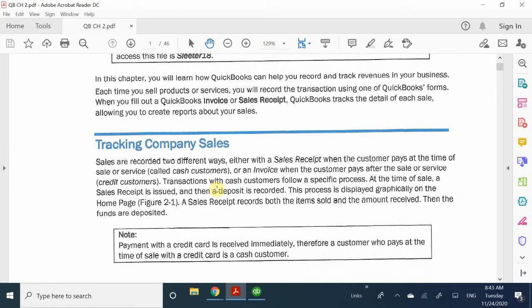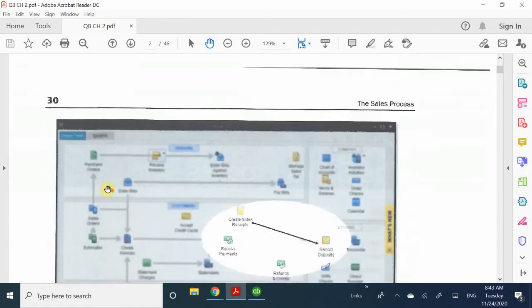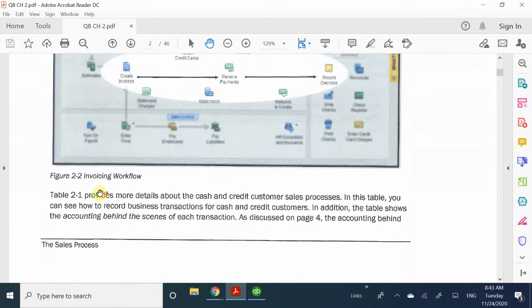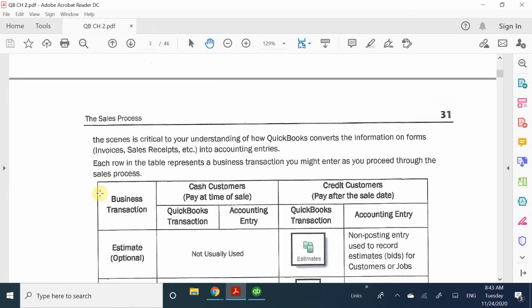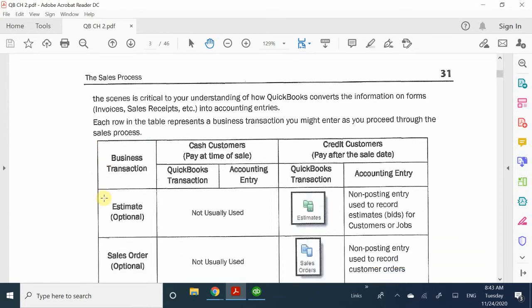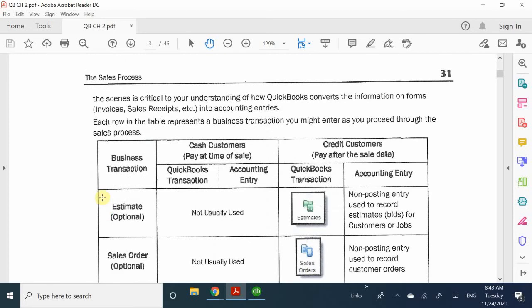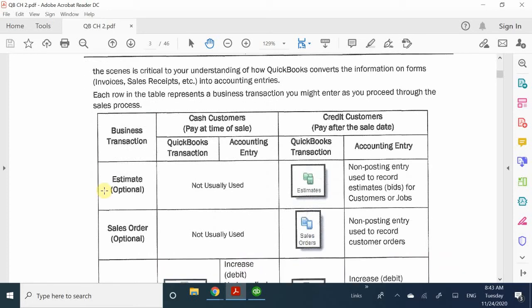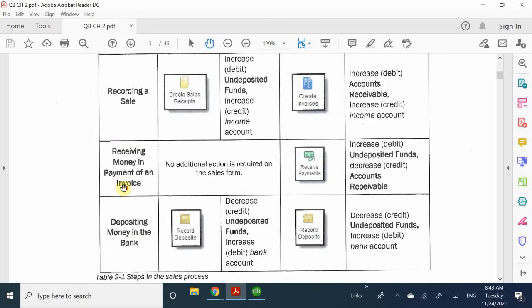So, what are the two ways that you can collect money from your customers? There's a brief little table here to tell you the difference between the two different types of customers that you will have. Very similar to vendors, you're going to have your cash customers and you're also going to have your credit customers. So again, your cash customers are going to be dealing with a sales receipt. All right.